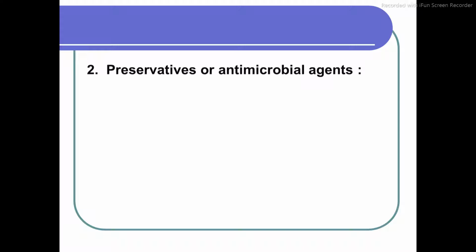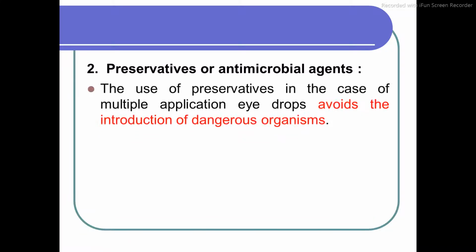Next one is preservative or antimicrobial agents. Preservatives are used in case of multiple applications of eye drops to avoid the introduction of dangerous organisms. So what is the role of preservative? To prevent the growth of microorganisms in your ophthalmic preparation, or any type of dosage form.